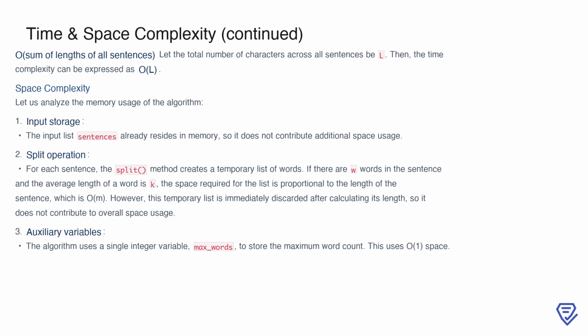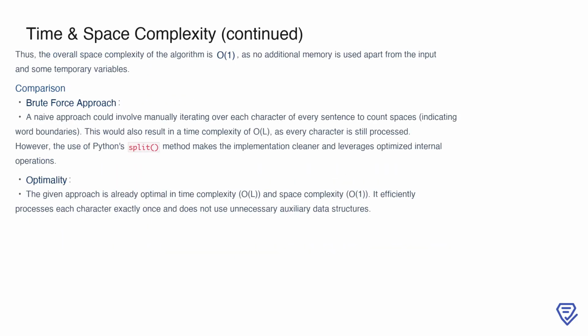However, this temporary list is only used briefly to calculate the word count and is immediately discarded, so it doesn't contribute to the overall space usage. Lastly, the algorithm uses a single integer variable, max_words, to store the maximum word count, which uses constant space, O(1). Putting this together, the overall space complexity of the algorithm is O(1), since no additional memory is required beyond the input and a few temporary variables.